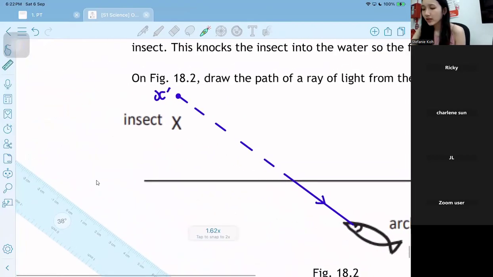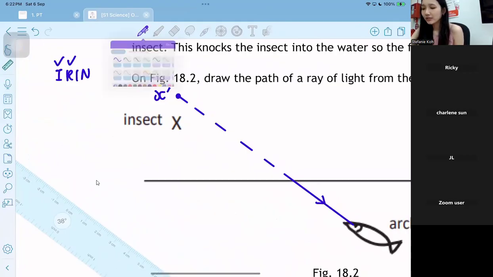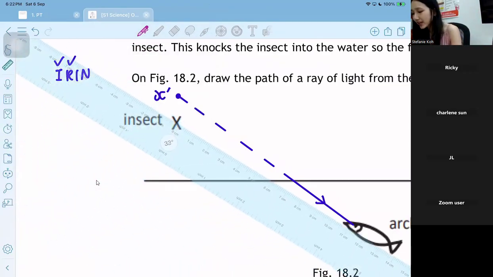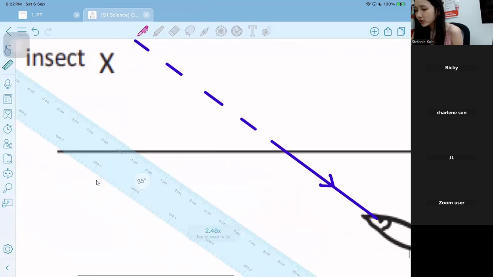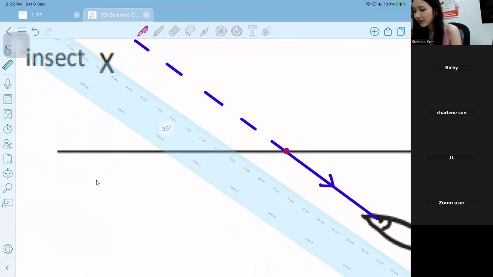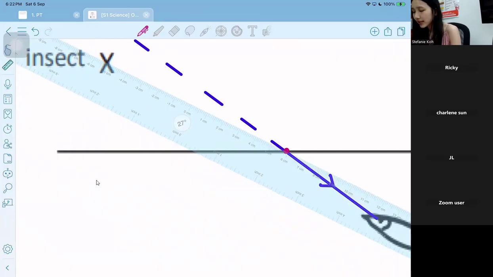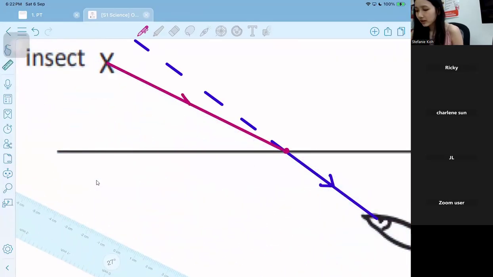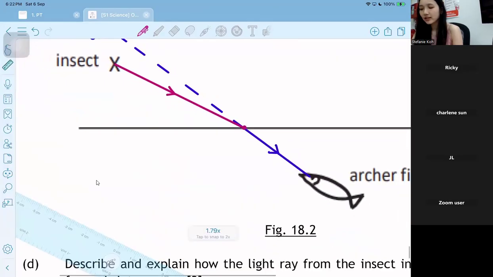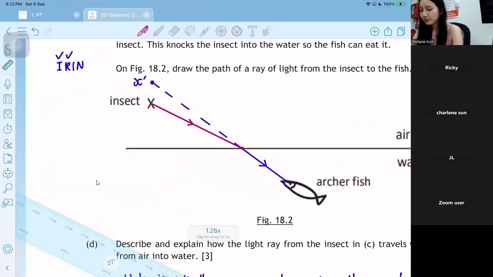So done with the I and the R, we have the refracted ray. Now you're left with the incident ray coming from the object itself. That is where the real light ray is. From the object to this point where it hits the surface of the water, that is your eye. Arrow to the surface, and then you can see that slight bend into the water.